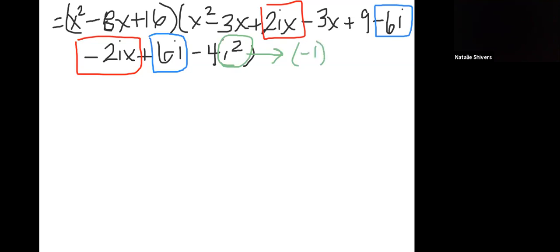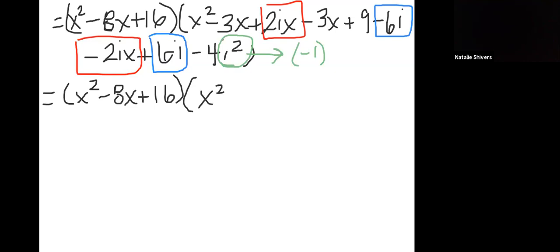All right, so now we're going to simplify. So I'm going to copy my first parentheses, x squared minus 8x plus 16. And I'm going to go left to right. X squared, that one's good. I cross that one off. And then I have a negative 3x, and a negative 3x gives me negative 6x.